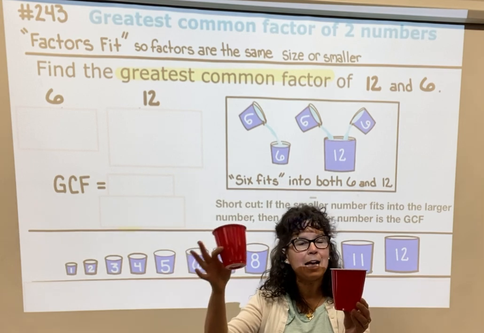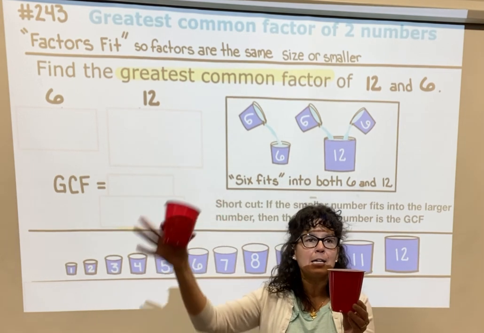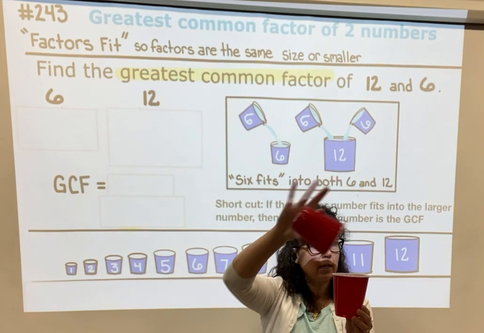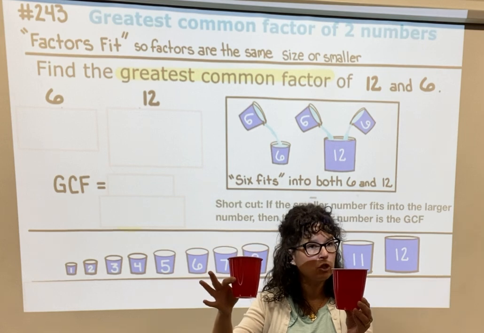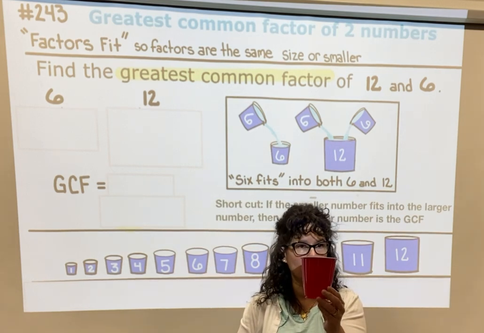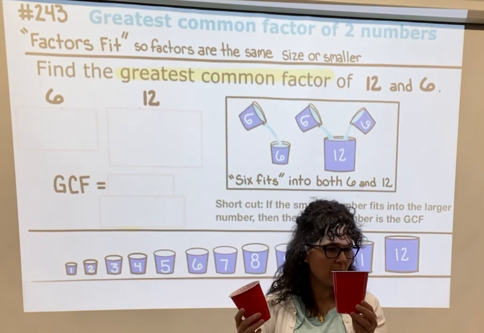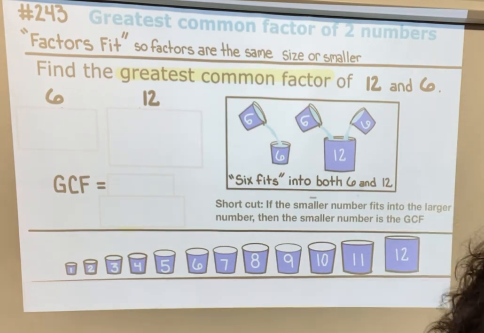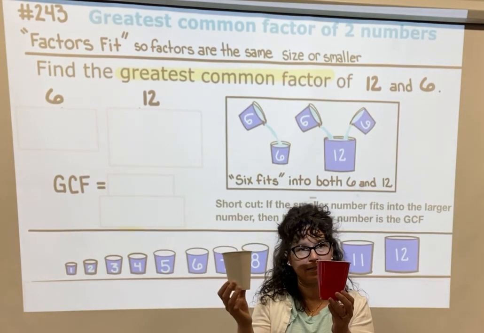Now, if I get a glass that's larger than this and I fill it up and try to pour it into this one, it's going to spill over. So anything bigger than 24 is not going to fit into this one. Now, if I grab another cup and let's say this cup holds 20.